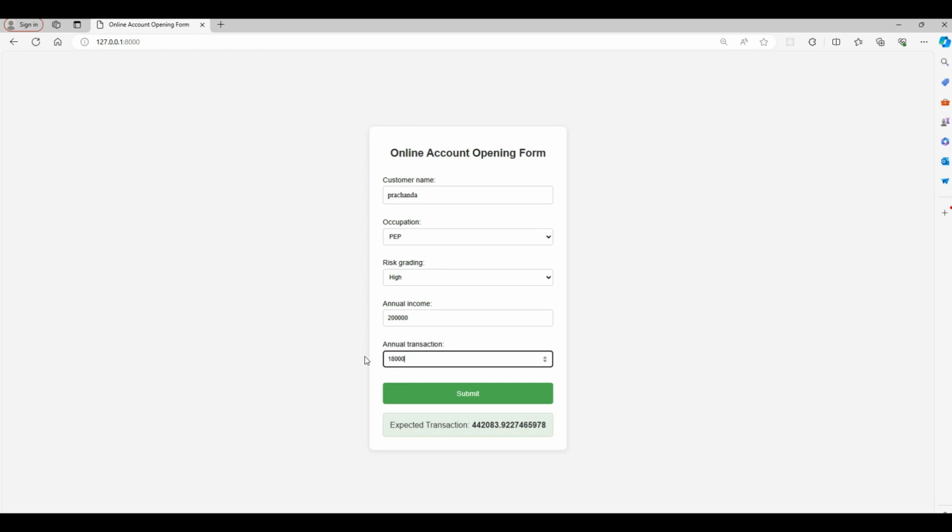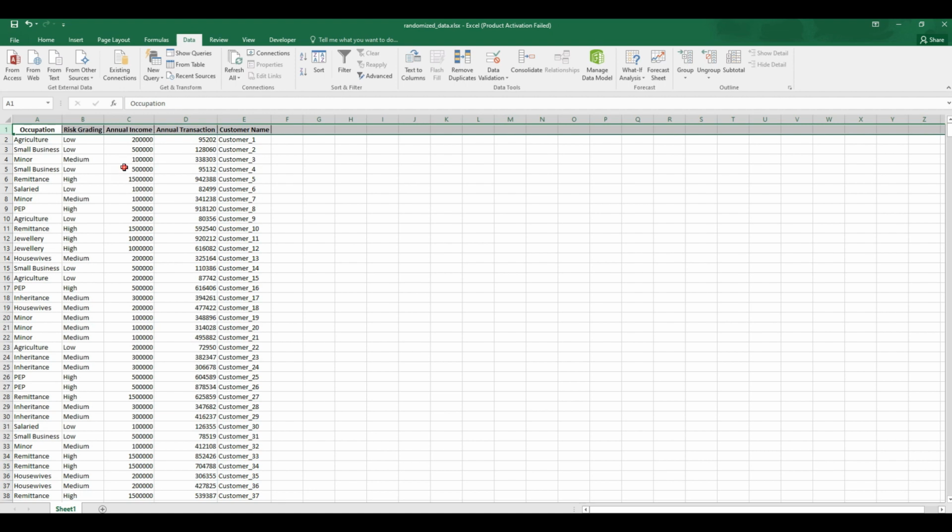This is for example purposes only. I don't know his actual figures. So if I click on submit, it is around 1,90,000. So let's look at our data. This is our fictitious data, right?